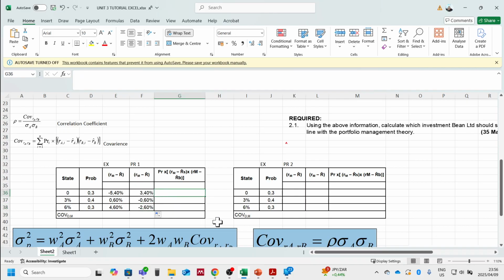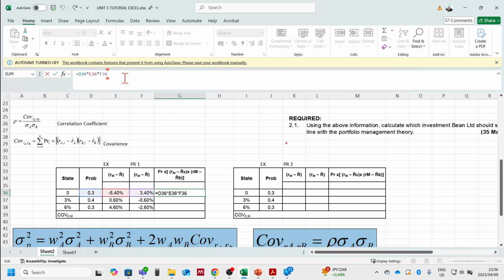Therefore, we can calculate the covariance by saying that it is the probability multiplied by this over here, multiplied by this over here. And then you will notice that our final amount will be sitting in 10,000 format because we multiply a percentage by a percentage.